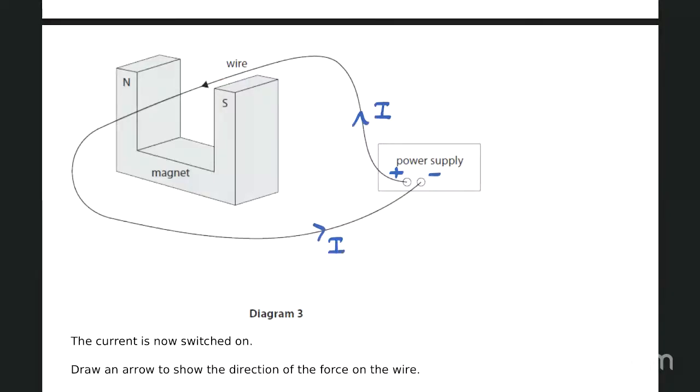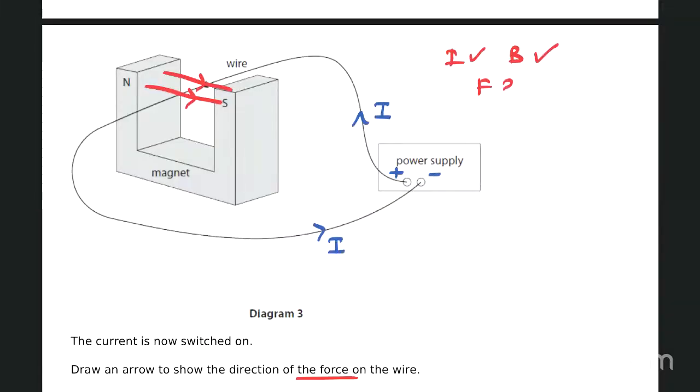So first of all, identify the direction of the magnetic field. It will be from north to south in this direction, right? At the same time, we'll draw the setup as well. Now they want the force, so given the current and magnetic field direction in the diagram, we need to deduce it.